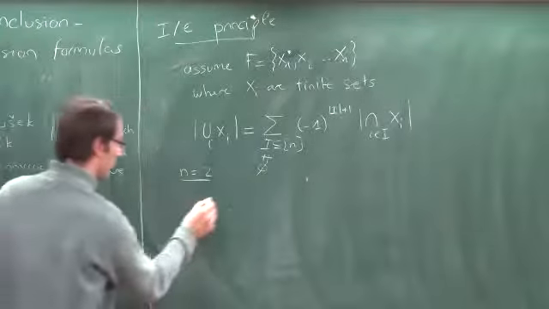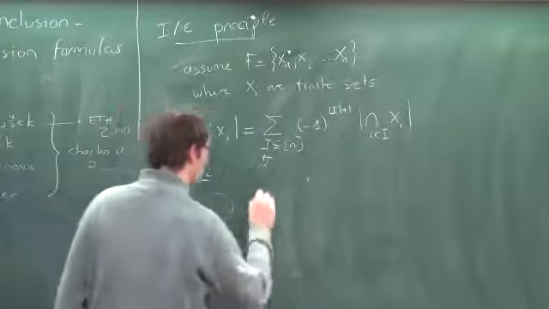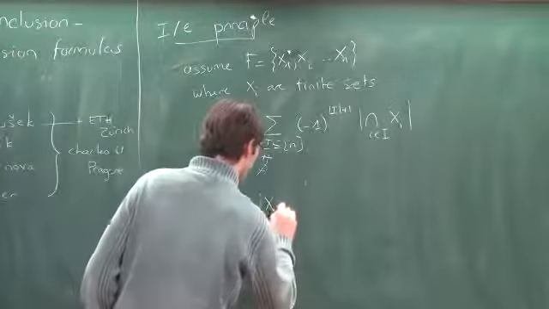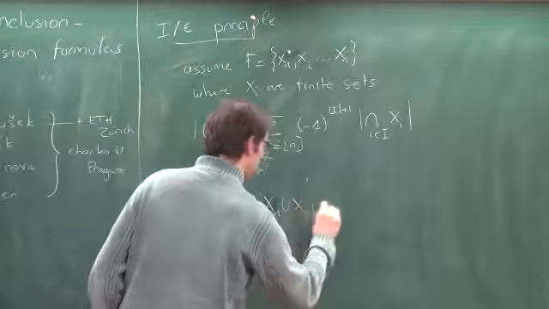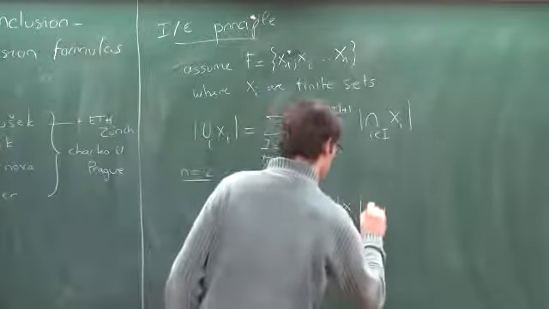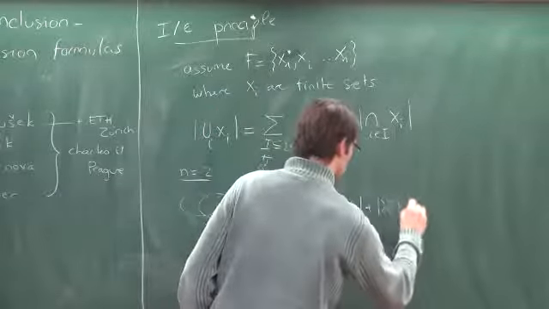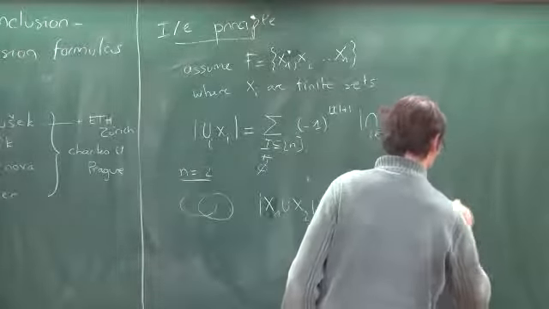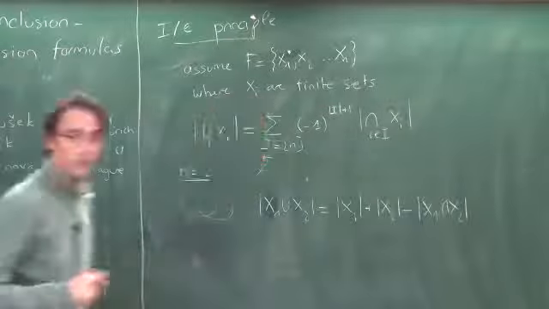So if you specialize to the case of 2 sets, this simply says that the size of the union of X1 and X2 is the size of X1 plus the size of X2 minus the size of the intersection.